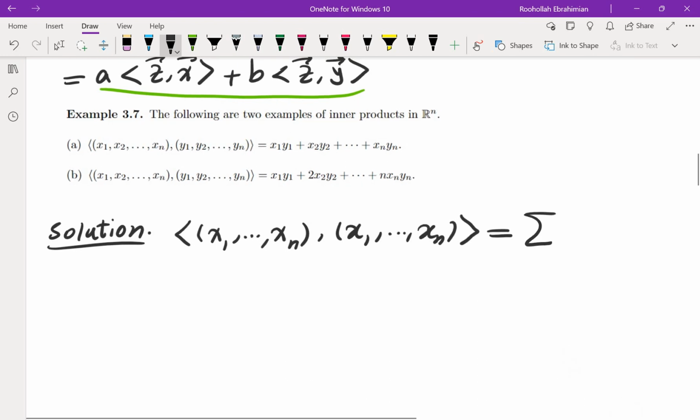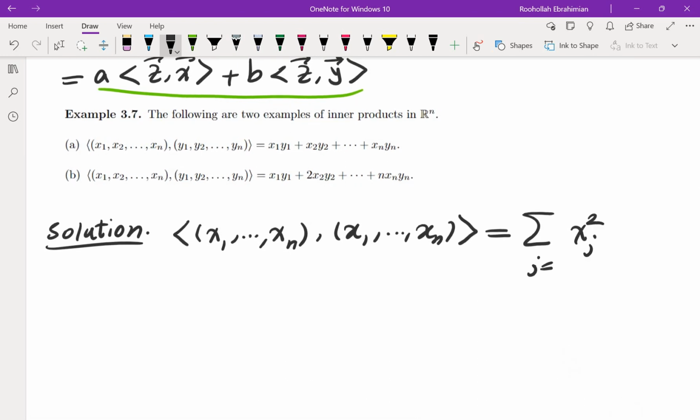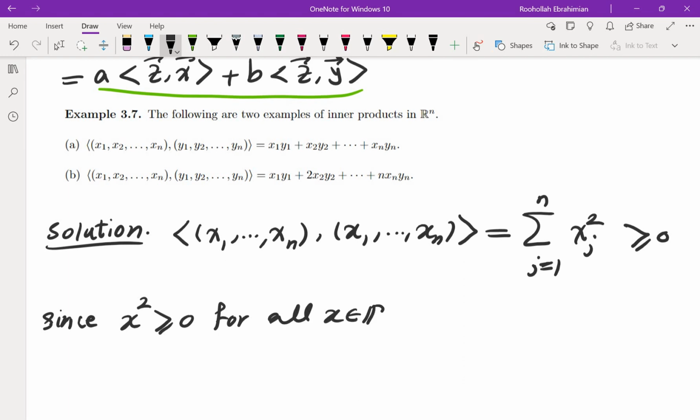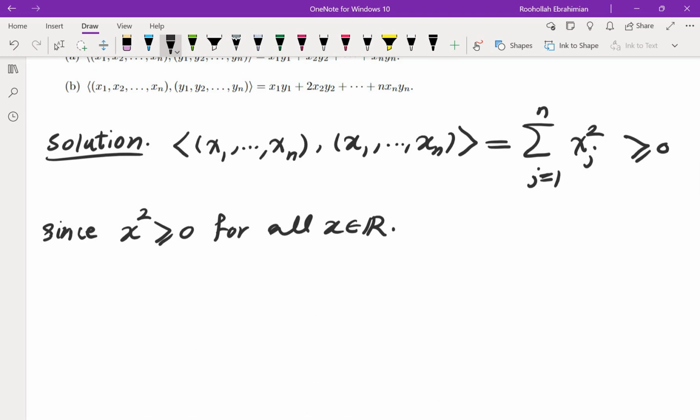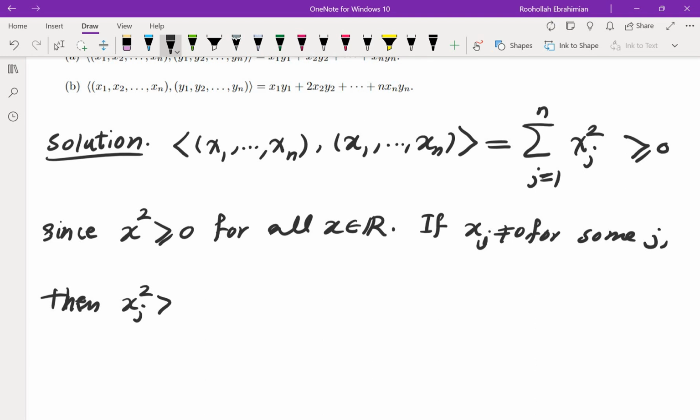This is equal to the sum of xj squared, j equals 1 to n, by definition. Now, this is greater than or equal to 0, since if you take any real number and square that, it's greater than or equal to 0 for all x in R. Now, I am not quite done with positivity. I need to show that this is never 0 if x is non-zero. If xj isn't 0 for some j, then xj squared is positive.